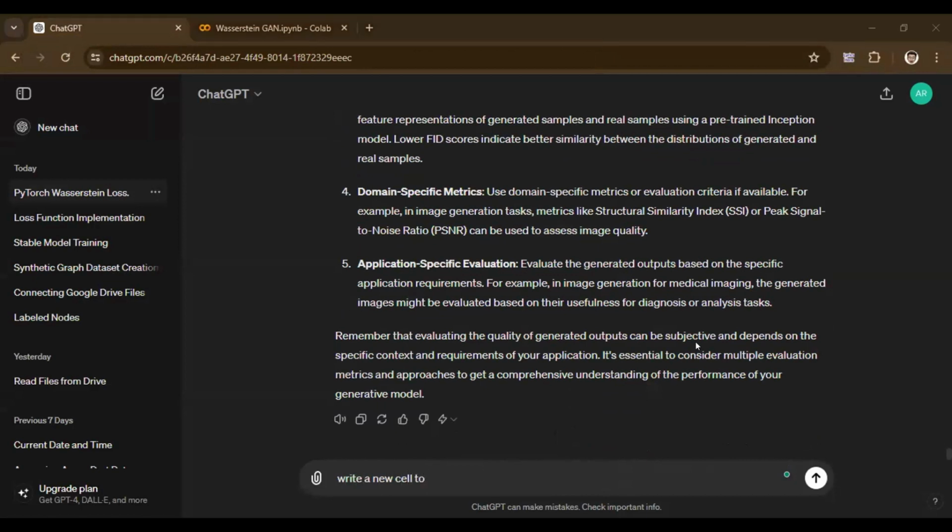to evaluate the generated samples. What we can do is something like inception score. Let's try inception score first.